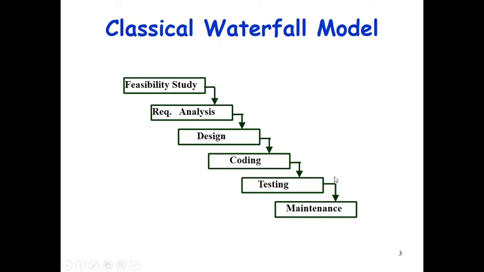Suppose there is a problem in the design phase and everything else is done, and then you find that problem in the design phase. That means you need to change the coding part also. You need to work much more on that, and it will be out of your cost estimation, and your time estimation is also violated.